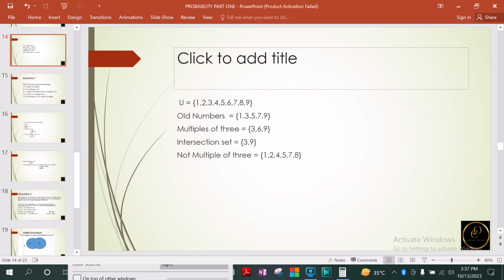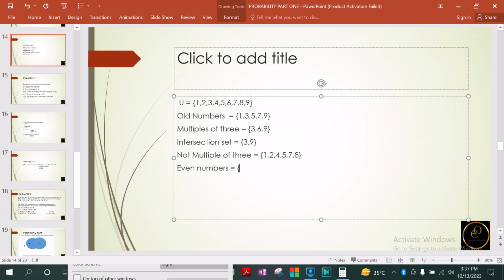So when you look at the cardinality of even numbers, that is 2, 4, 6, 8. So it means that it has 4 even numbers.